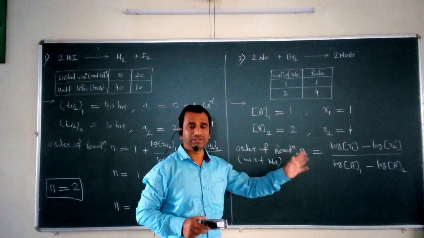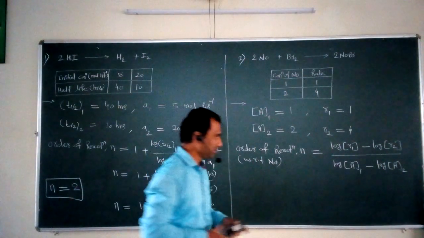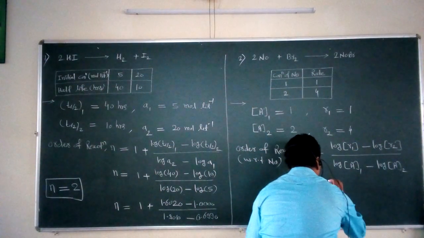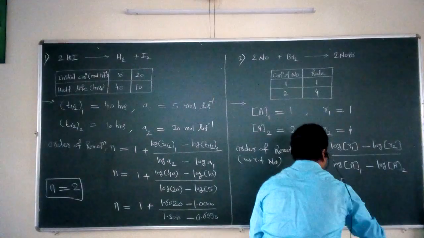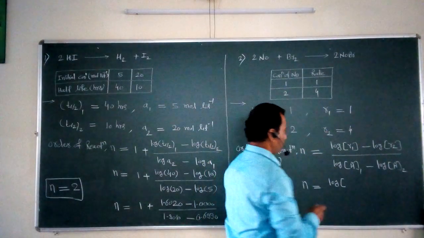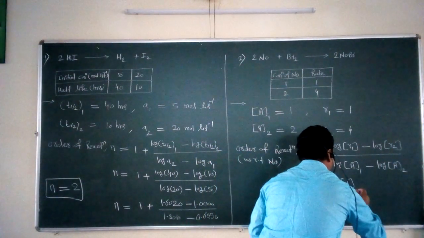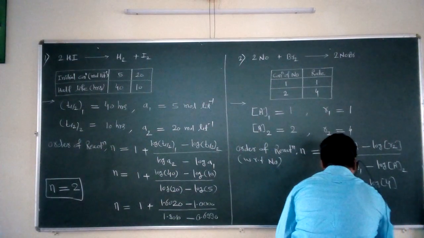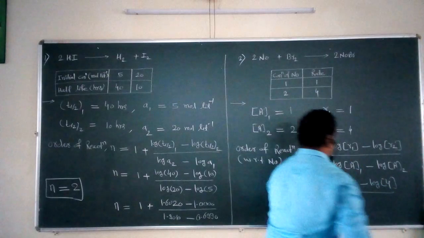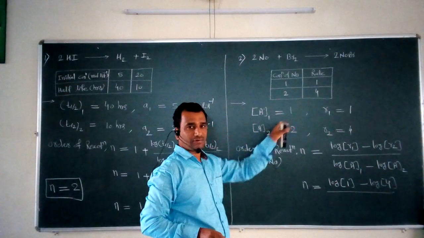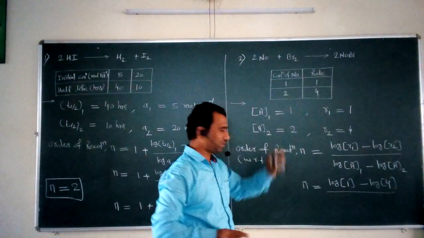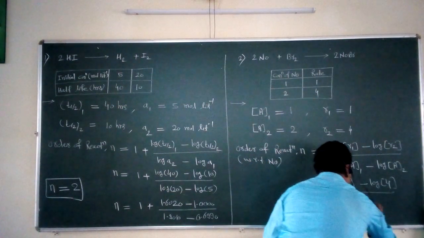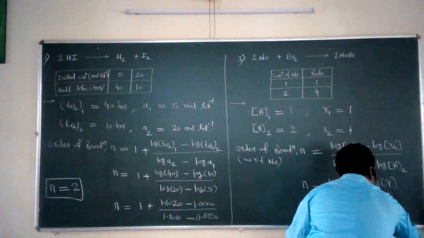The next job is only to substitute the values from the given data. So in the next step we get N is equal to log R1, and R1 is equal to 1, so log 1 minus log 4, divided by log A1, which is 1, minus log A2, which is 2, so log 1 minus log 2.